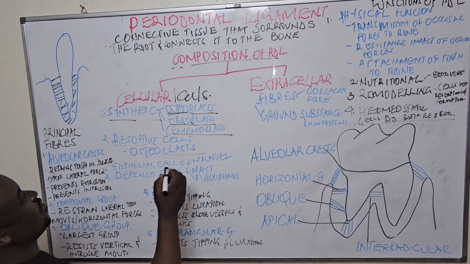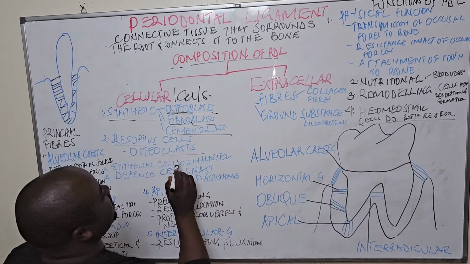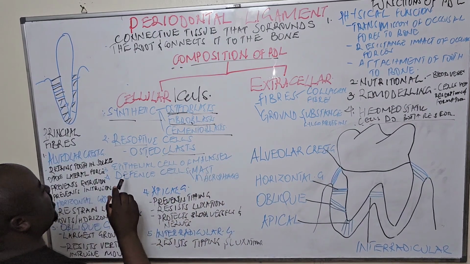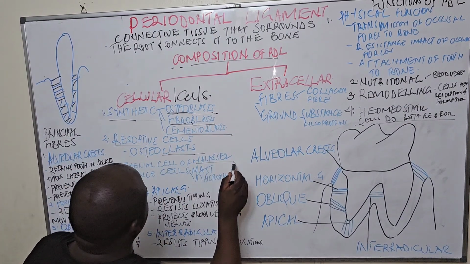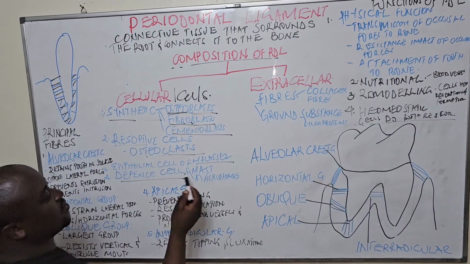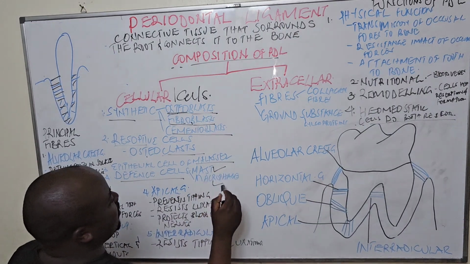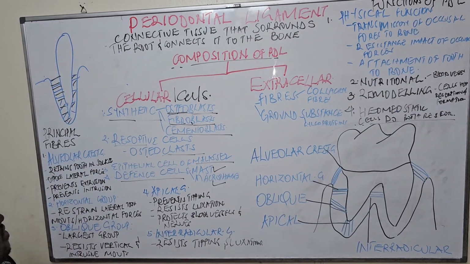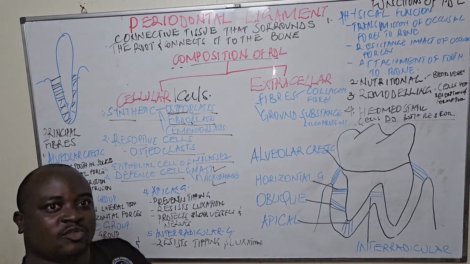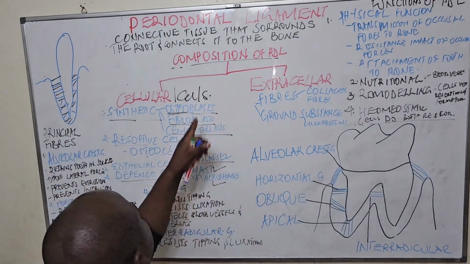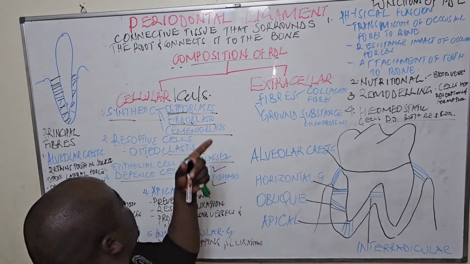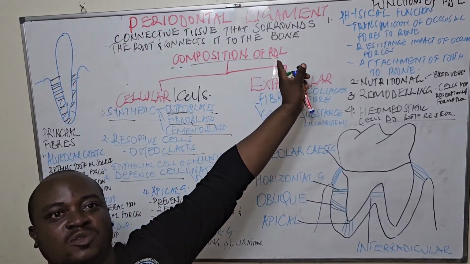That's why you see we have some that form, others remove. We have the epithelial cells of masses. We have the defense cells, of course, the mast cells and what? Macrophages.